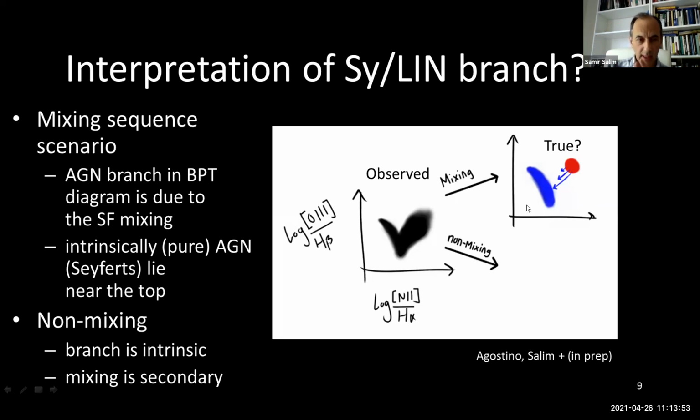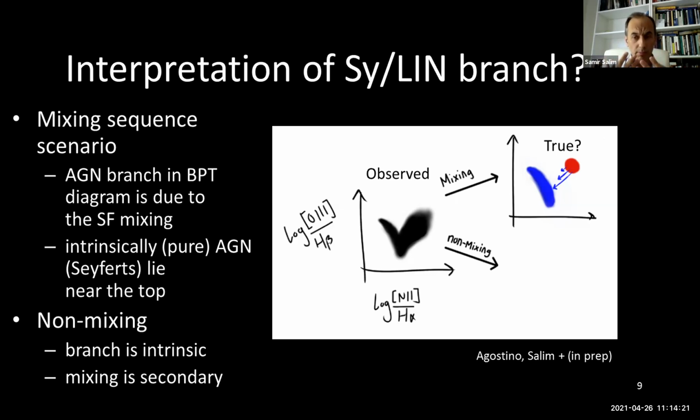So essentially the idea is that Seyferts intrinsically should lie on top of this branch, but because they have been mixed with different amounts of star formation, they actually end up connecting with the star forming branch for those that have the highest fraction of contamination. So that is what is known as the mixing sequence scenario, which I said is the dominant idea in the literature.